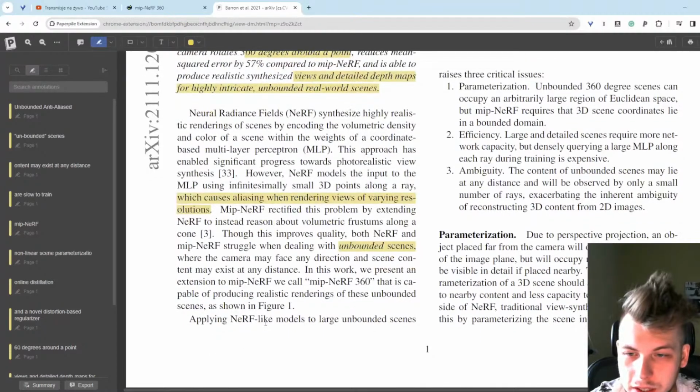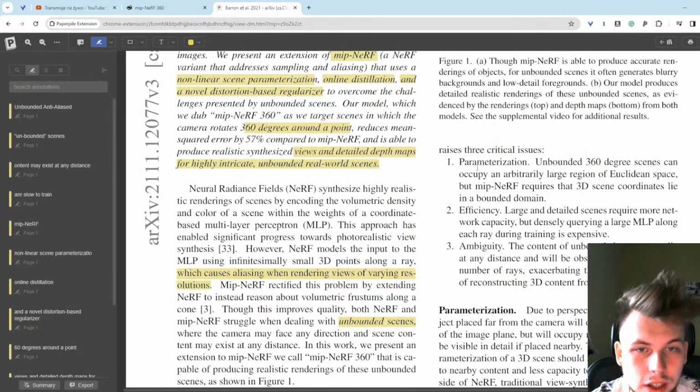So applying NeRF-like models to large unbounded scenes raises three critical issues. We have a parameterization issue. So unbounded 360-degree scenes can occupy an arbitrarily large region within Euclidean space, so we cannot just assume some kind of cube. But Mip-NeRF requires that the 3D scene coordinate lies in a bounded domain.